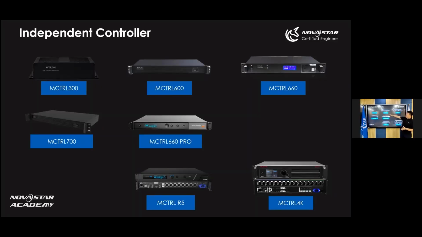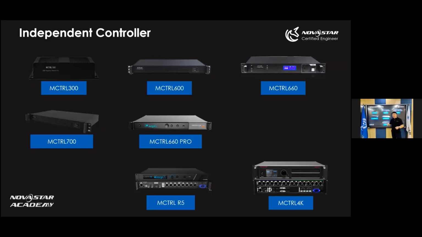And from the 600 to 660, what's the difference between these two models? From the panel, as we can see here, there is only a switch button, a power on, power off, right? But on M-Control 660, we add a small LCD monitor and a wheel button. So we can realize some quick configuration with the LCD monitor and the wheel button.